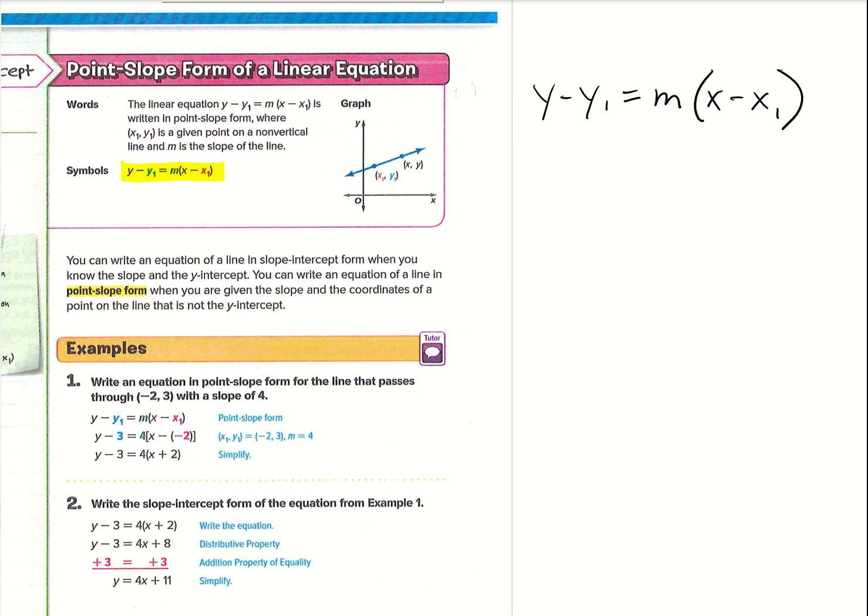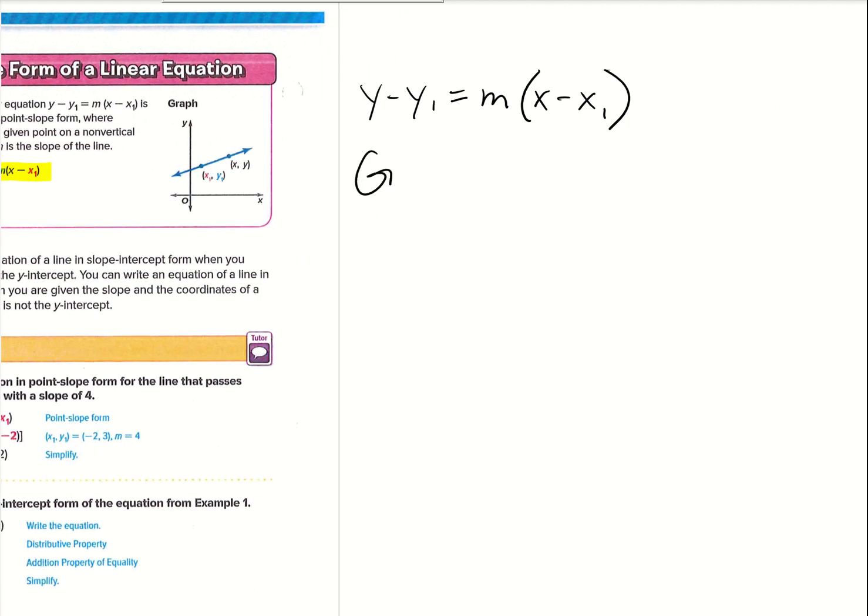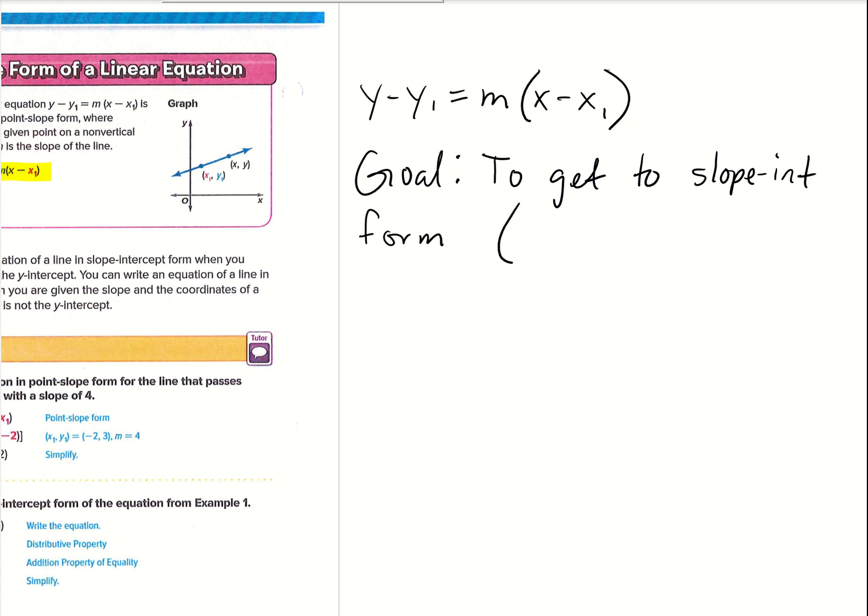Our goal with point-slope form is typically to get it into slope-intercept form, which would be y equals mx plus b. That's what we're looking for here.